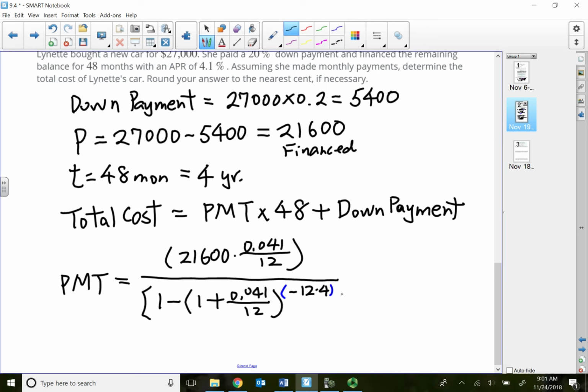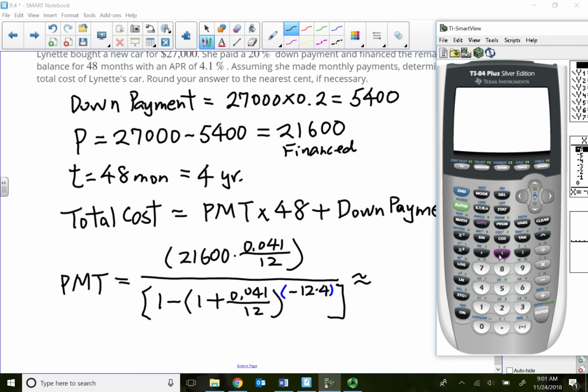Now let's see her monthly payment. We need this monthly payment first, then we can multiply by the duration of the loan, which is 48 months. The reason I converted 48 months into 4 years is for the formula right up here.